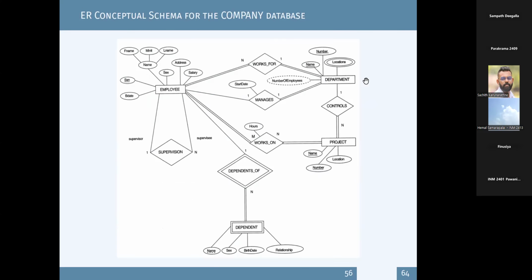Going back to many-to-many relations, in this case we have employee and project. For that, we have to create a separate relation and include any attribute connected to the relationship. So if you look here, we have an attribute connected to the relationship, and this will be in the relation we are creating, right?